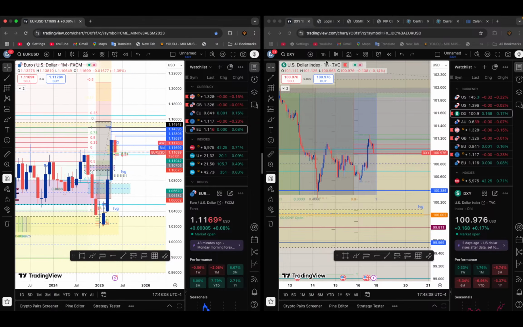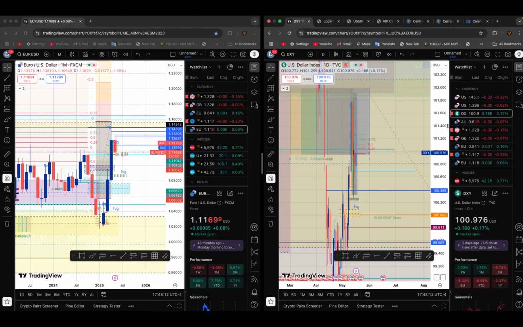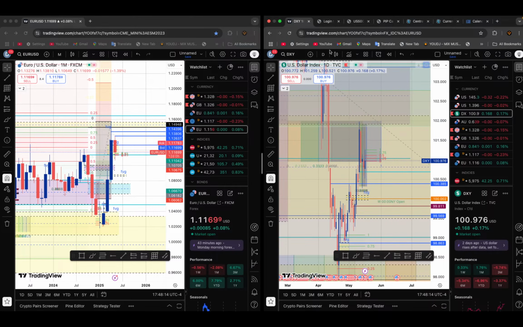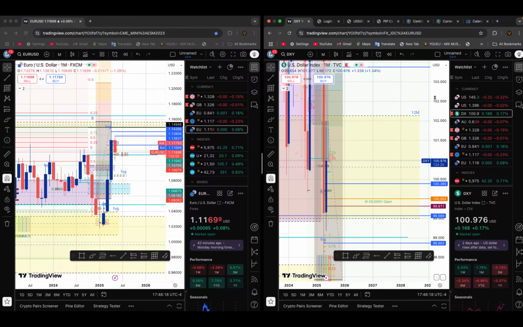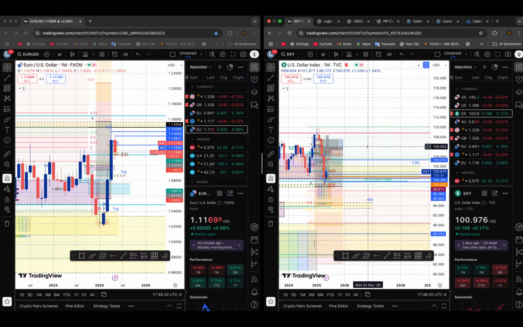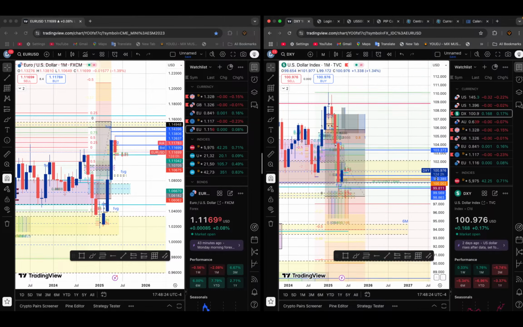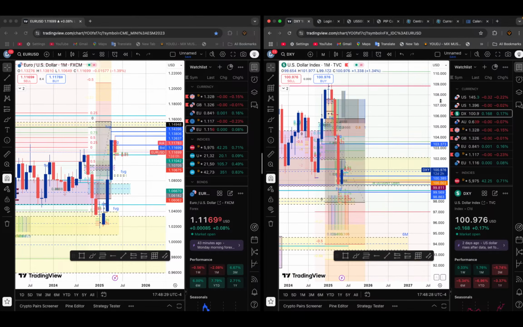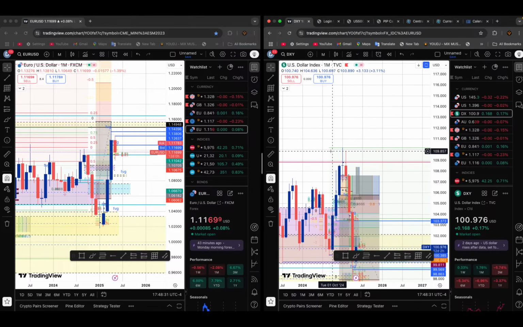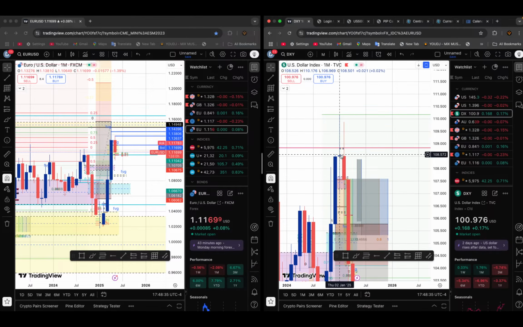So the reason being, obviously, is going to be opposite to dollar. So you can see here on the monthly, we're using this candle right here, purely because this one, depending on what broker you use, it can show as bullish or bearish.